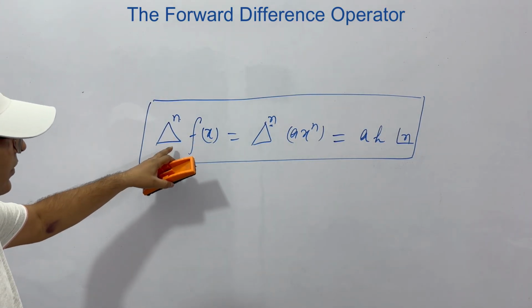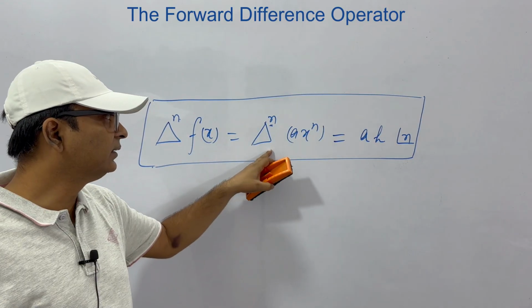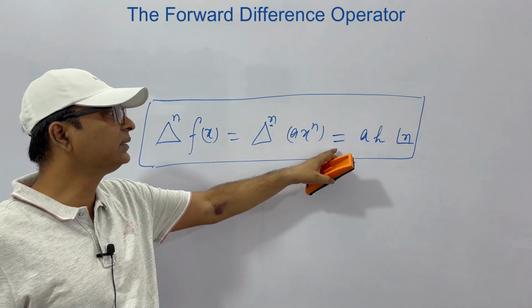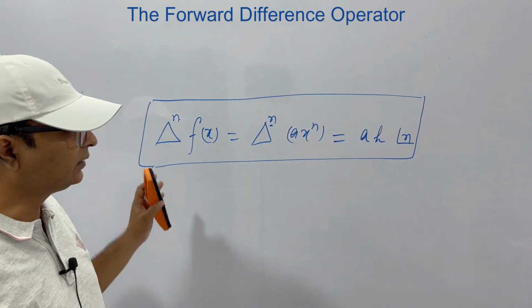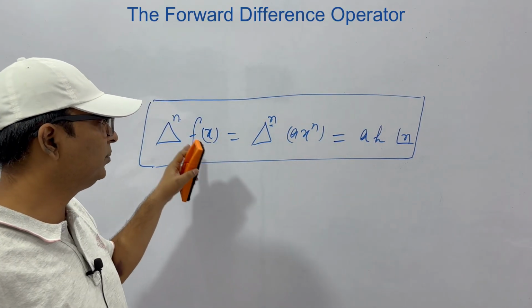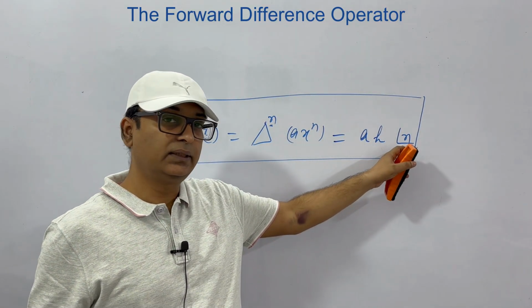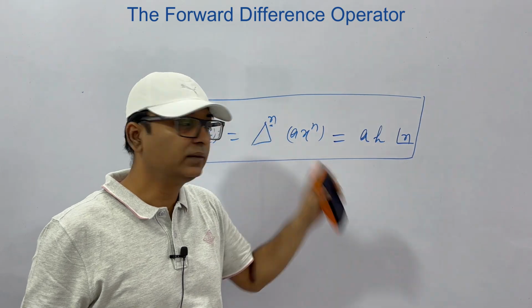That the nth difference of a function is actually the nth difference of the first term, which is a h factorial n. We have seen in the theorem only that if the polynomial is of nth degree, the nth difference will be a constant. Clear? Keep this in mind, a h factorial n.